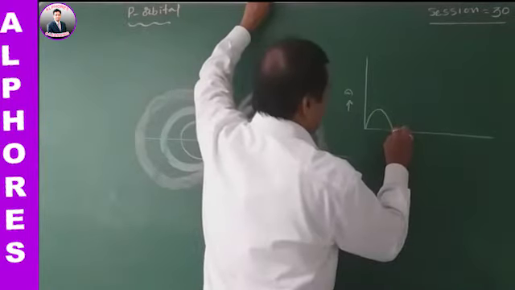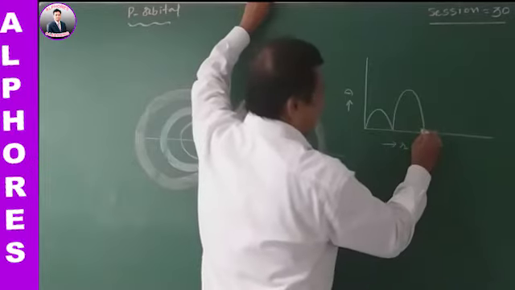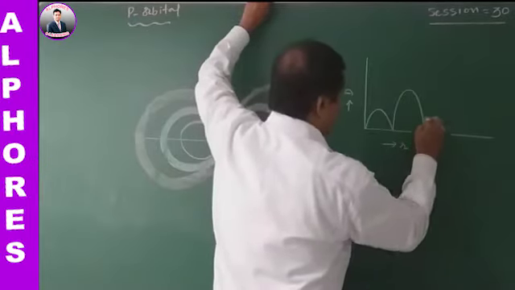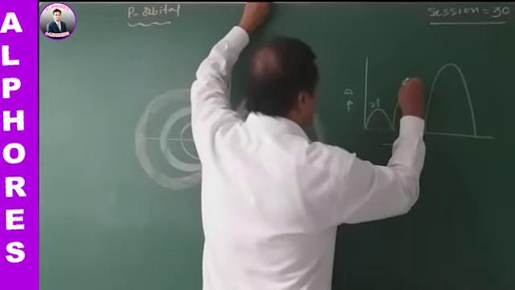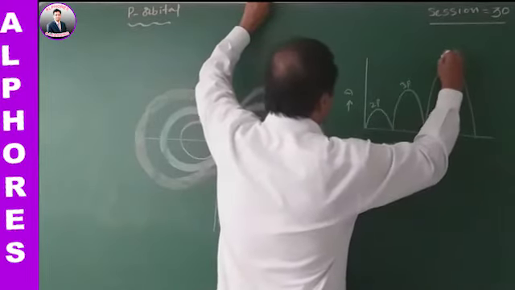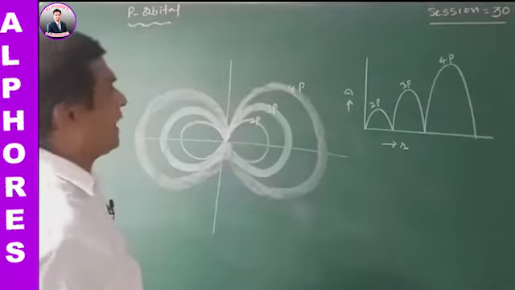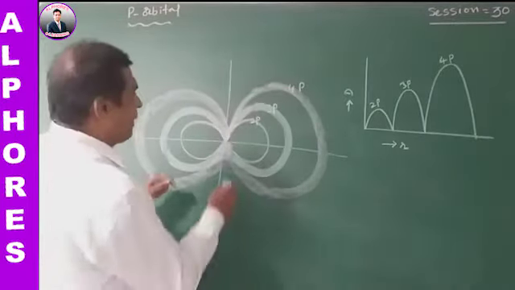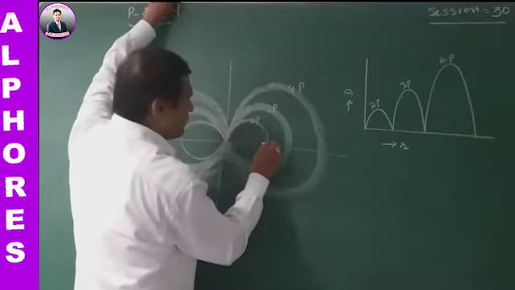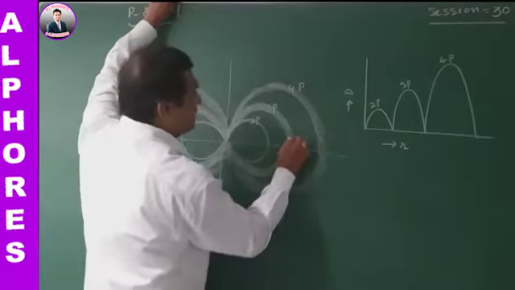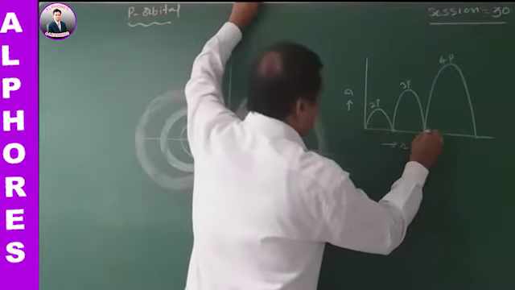Then 3p orbital is a bit higher, and the next, 4p orbital, is still higher. So this is 2p, this is 3p orbital, and this is 4p orbital. They have structures like this. This is the first peak, then the second peak, then the third peak. This point is called a node or radial node.